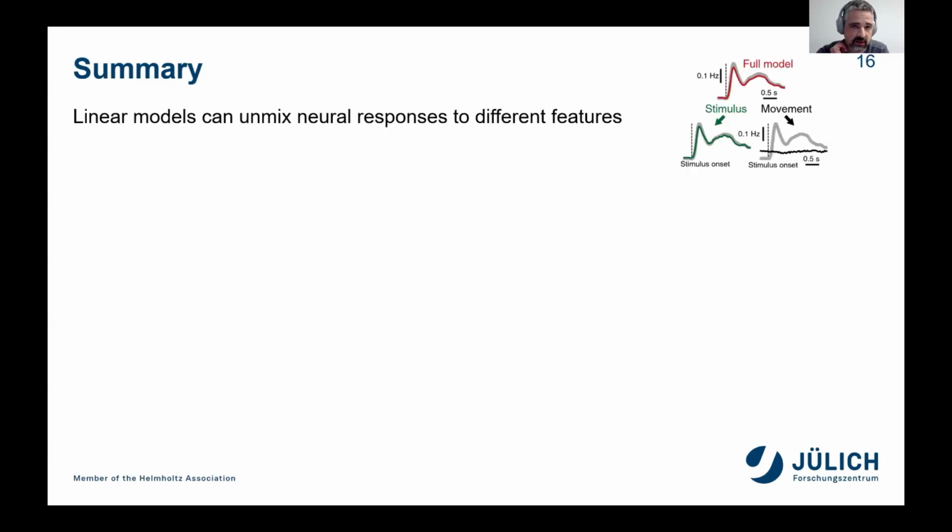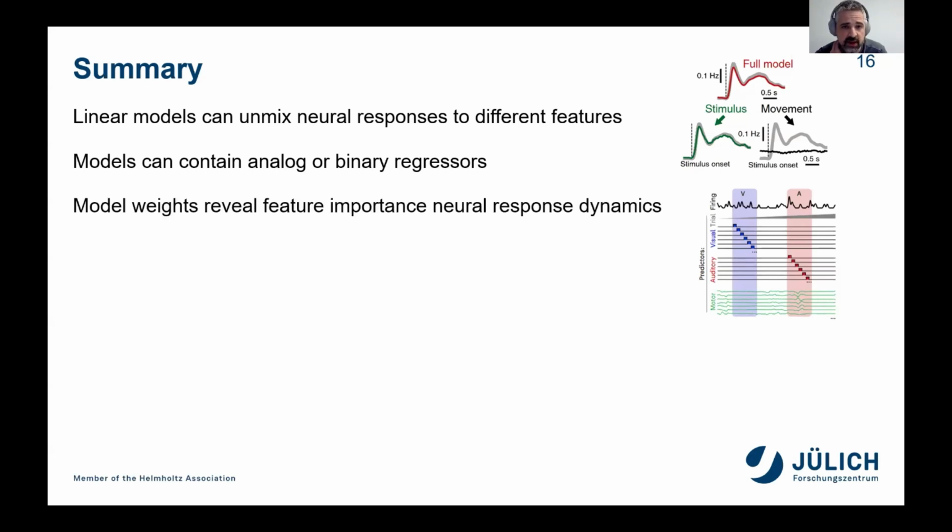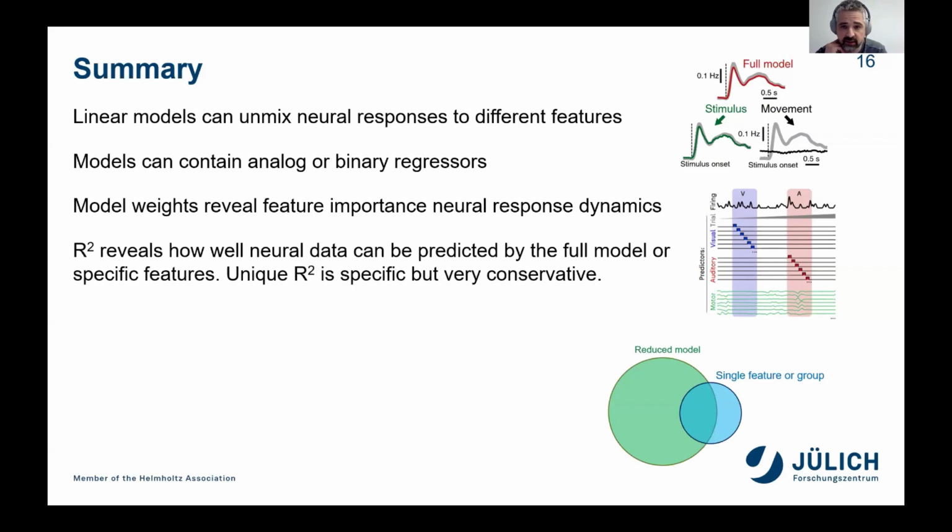Okay, so just to summarize, you can use linear models to unmix neural responses into different features. You can use these models as a combination of analog or binary regressors to achieve better fits and interpret the neural responses. The model weights can reveal feature importance and also how the neural responses might look. The explained variance is very informative, and you can go into the shared or unique variance to be more informative.